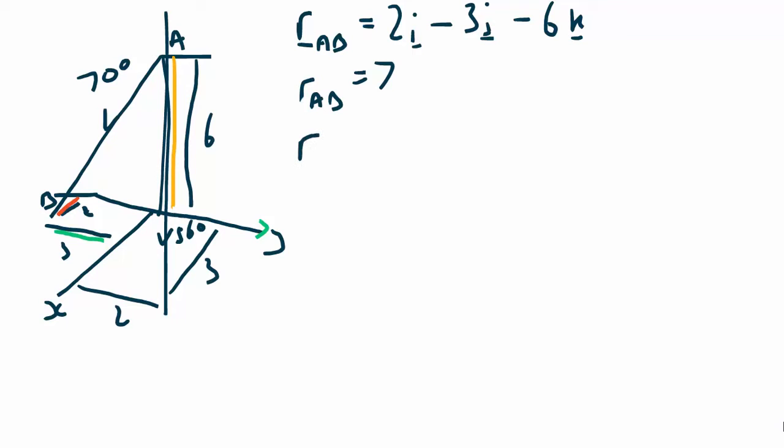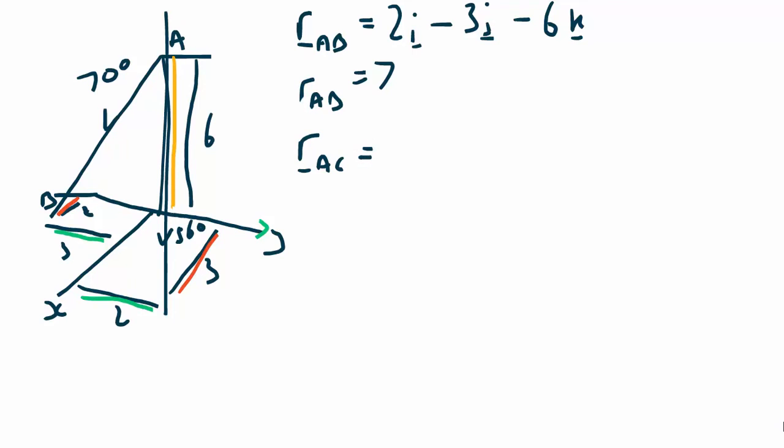And similarly I can do RAC, so same as before, apart from I'm going 2 meters in the y direction and 3 meters in the x direction. So my x and y swap places.